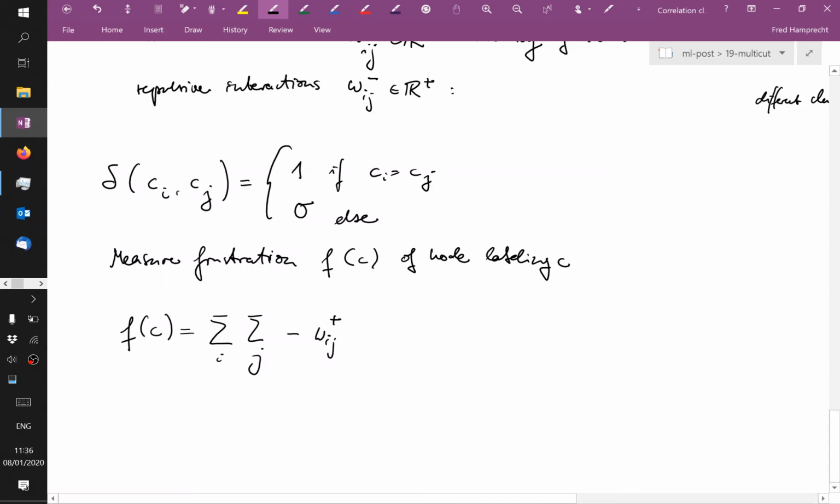So we're looking at the attractive interaction here between nodes i and j. And then we ask if i and j are indeed in the same cluster. So this is good. This reduces our frustration. Hence I've put a negative sign there.